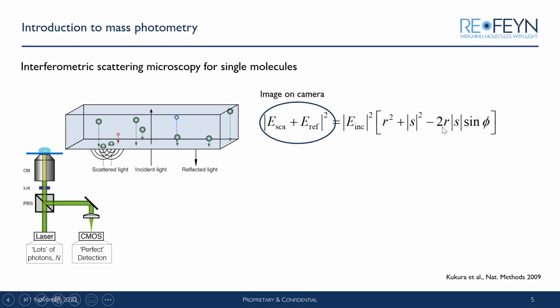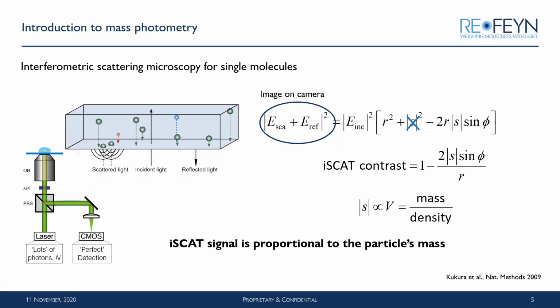Basically, it's a combination of reflectivity, which is here stated as R, the scattered light, and the interference between them. For biomolecules, the scattering is really, really small, and we can neglect it in this equation, and therefore we can define what is called iSCAT contrast, which is basically taking the scattering amplitude of the molecule divided by the reflectivity of the glass.